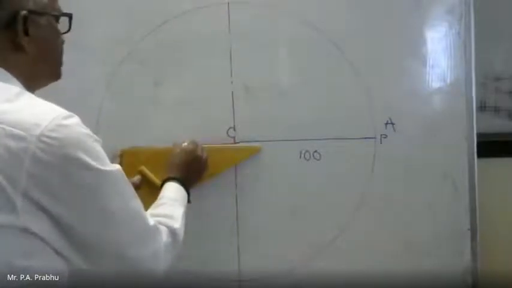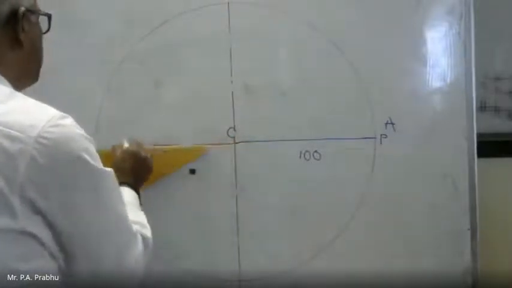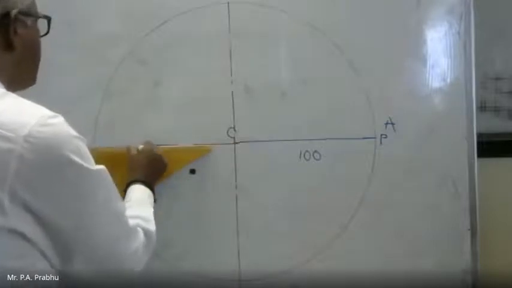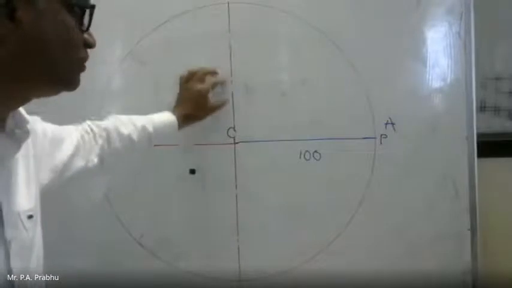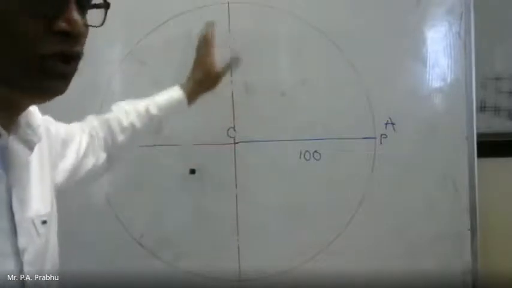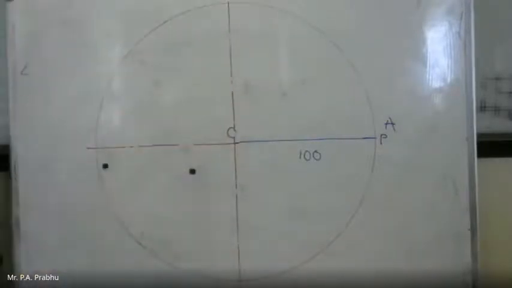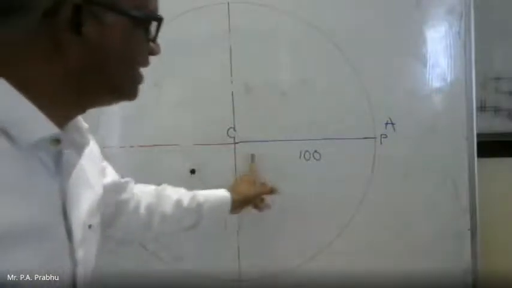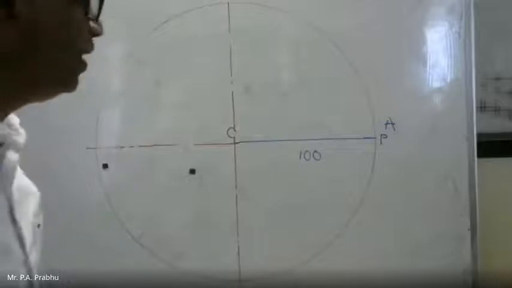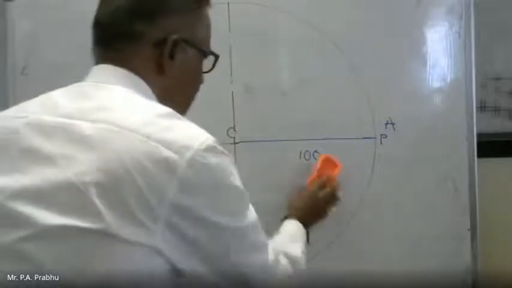First, make it 4 parts. This is called a chain line, center line: long dash, small dash. Don't draw a dotted line. So I have divided it first into 4 parts. Then first I will divide this 100 mm into 12 parts.